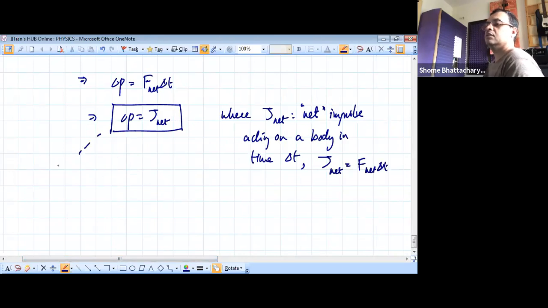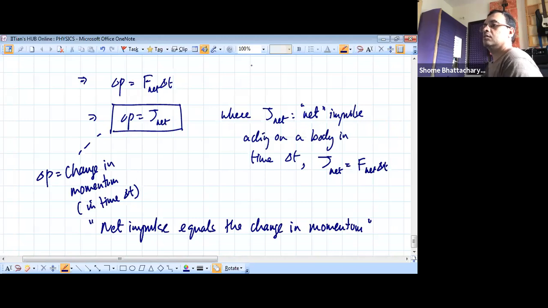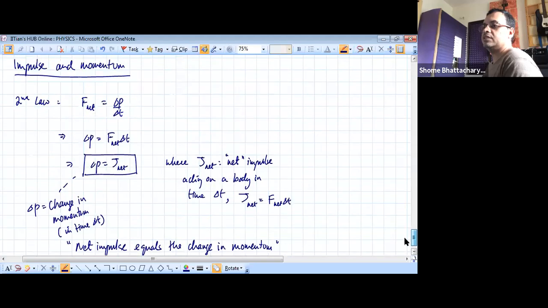And on this side of the equation, delta P equals the change in momentum in time delta t. During time delta t, whatever the change in momentum. So this is called the impulse momentum relation, that the net impulse equals the change in momentum. In words, this statement becomes like this. This is a direct result of the statement of Newton's second law.